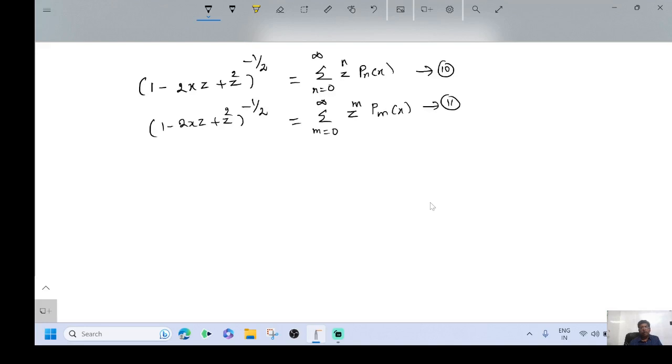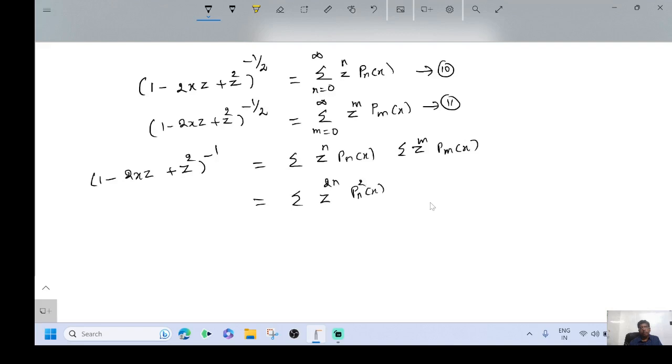Now from the equations 10 and 11, multiply these two things. 1 minus 2xz plus z square power minus 1 equal to z power n into Pn of x into z power m into Pm of x, which is equal to z power 2n Pn square of x, where n is equal to 0 to infinity, plus z power m plus n into Pn of x into Pm of x.